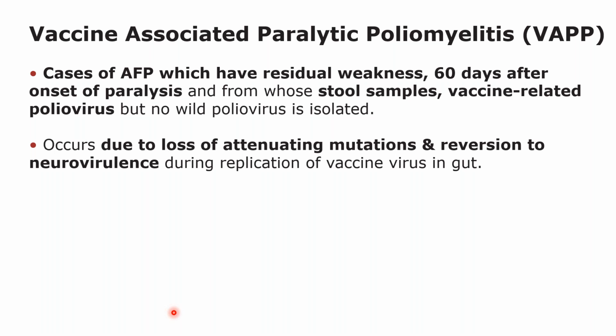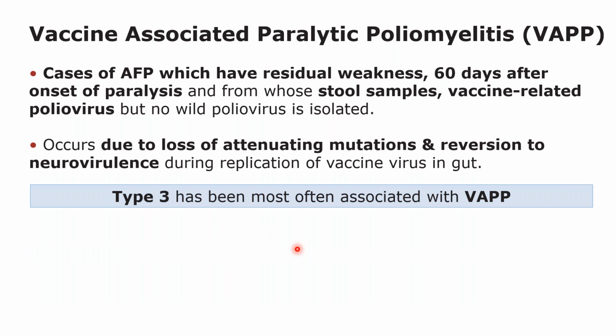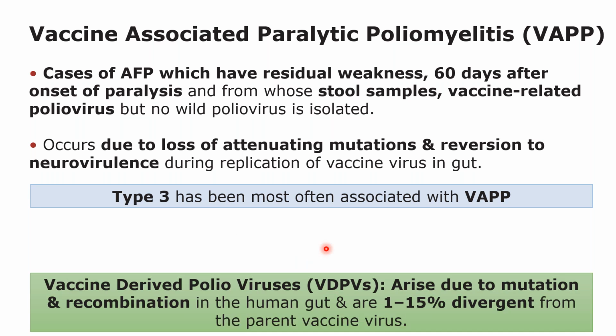Okay. This occurs due to loss of attenuating mutations and reversion to neurovirulence during replication of vaccine virus in the gut. Type 3 has been most often associated with VAPP.